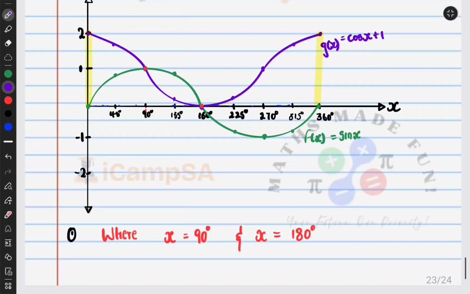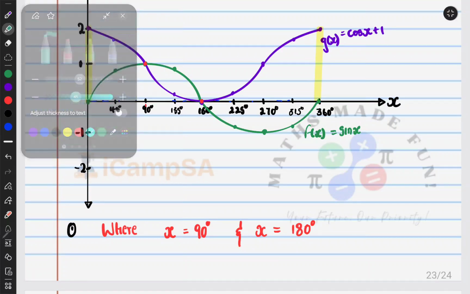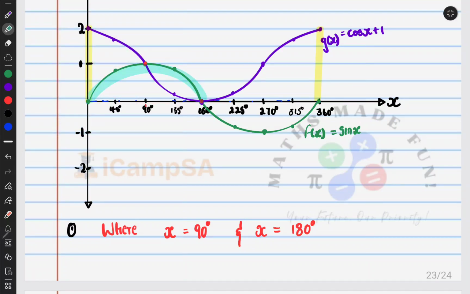Okay, so let's look for all those values whereby the product of these two functions is greater than or equal to 0. We start from where x is equal to 0. Both of the functions are above 0, so right up until 180, it will work. This will give us positive, and then once we get to 180, f at x goes below, so it won't work because negative multiplied by a positive is a negative, so it's below 0.